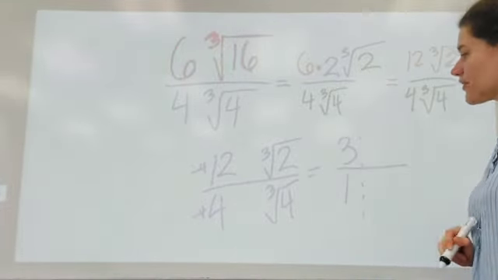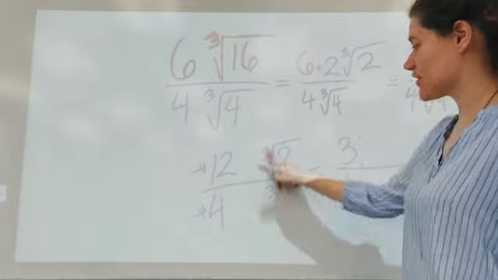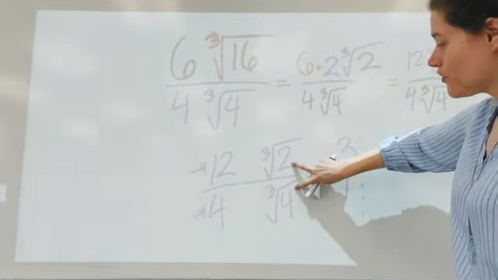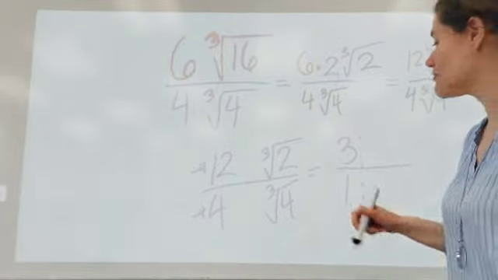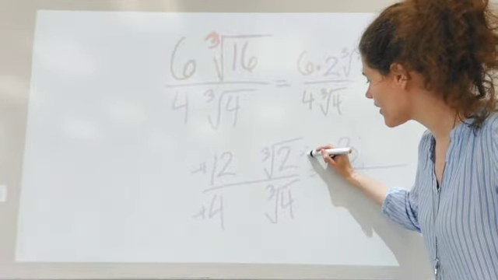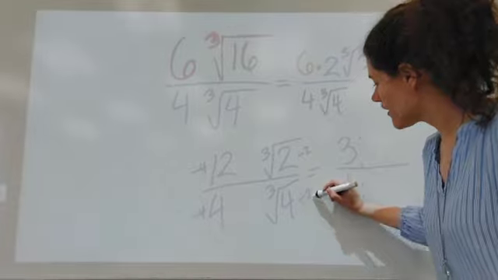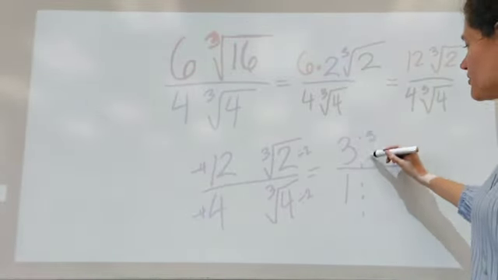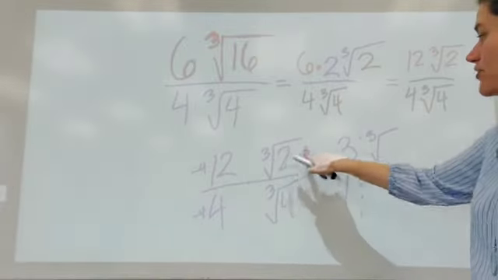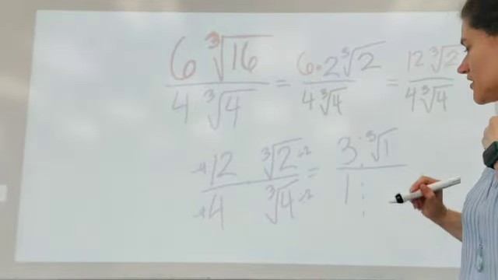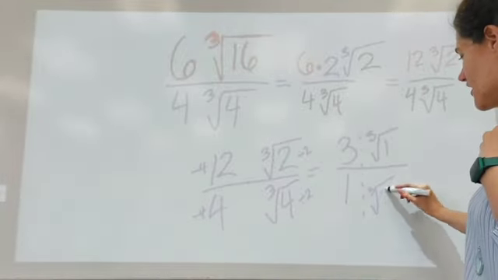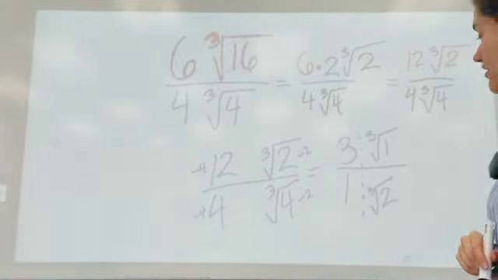Okay? Now let's look at this fraction here. The 2 and the 4 are both divisible by 2. So we can do that divided by 2 and that divided by 2. So the cube root of 2 divided by 2 is 1. And the cube root of 4 divided by 2 gives me 2.